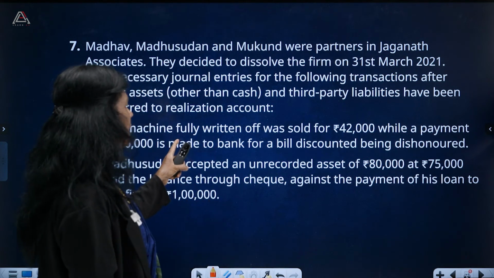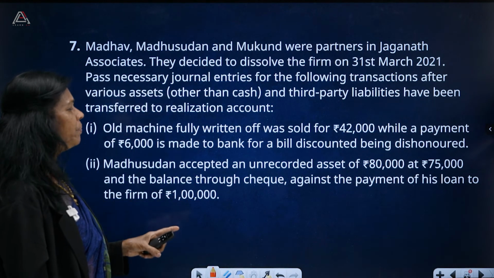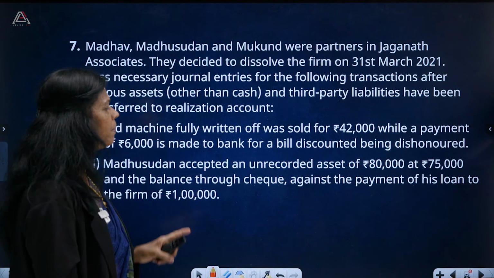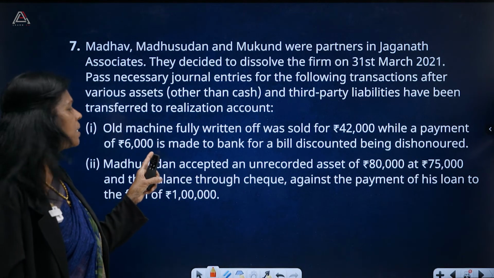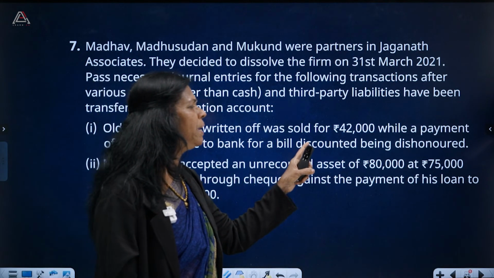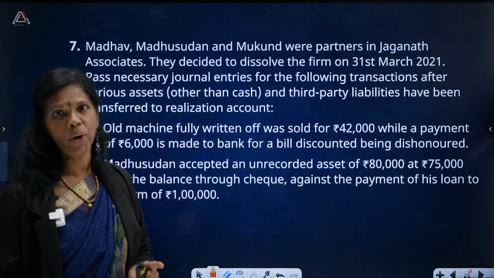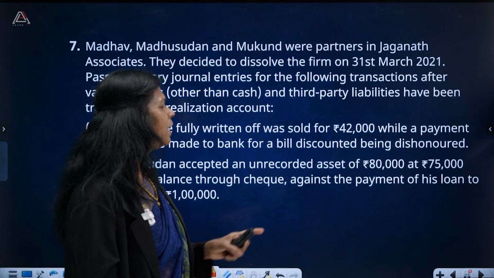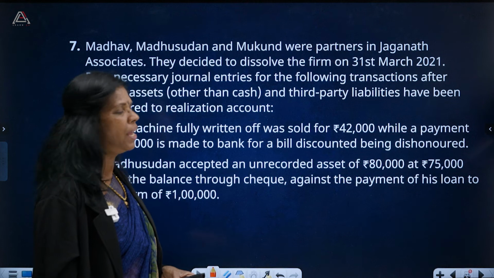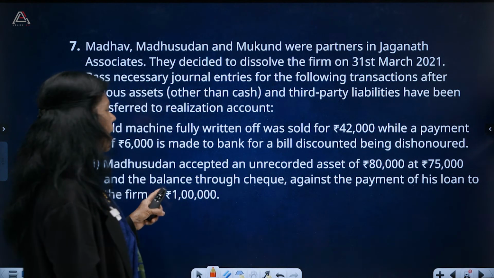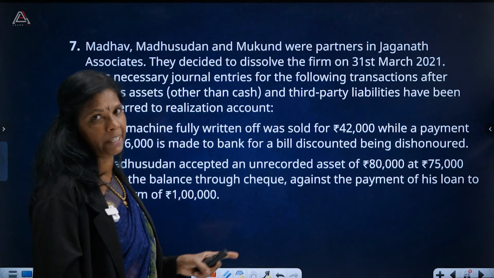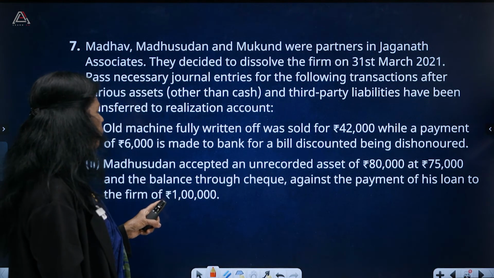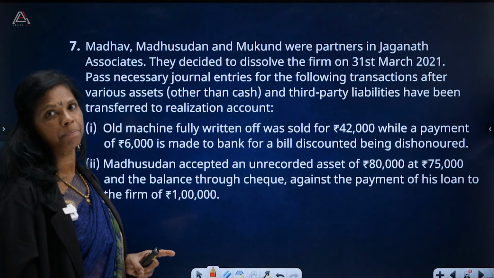The next one, Madhusudan accepted an unrecorded asset of rupees 80,000 at rupees 75,000 and the balance through cheque against the payment of his loan to the firm of rupees 1 lakh.